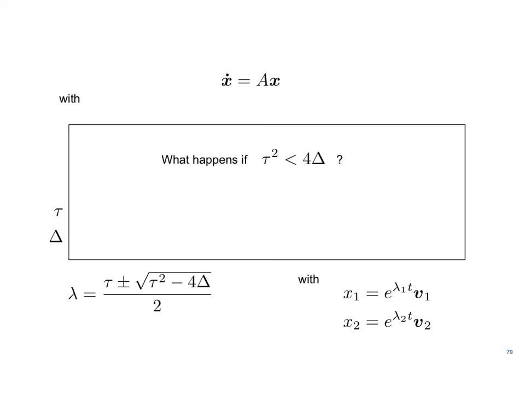The only difference is that now we have this new condition coming into the game, which is this. You remember we had this definition of lambda, you can see in here, and then the square root. So if this actually is happening, it means that this term is going to be imaginary, and then lambda is going to be complex.